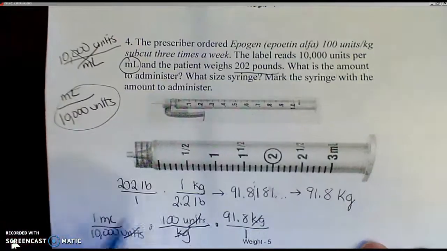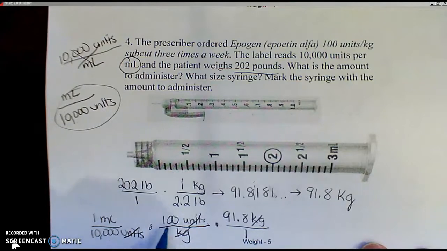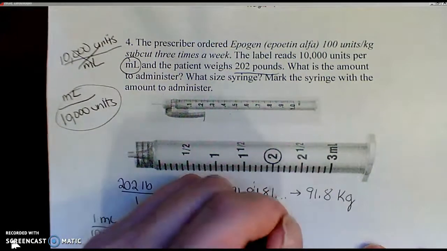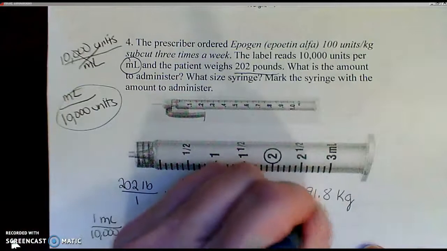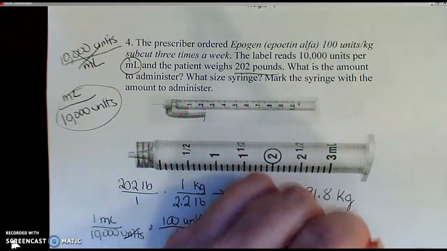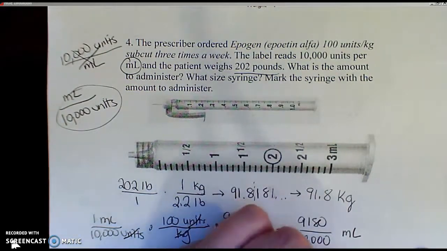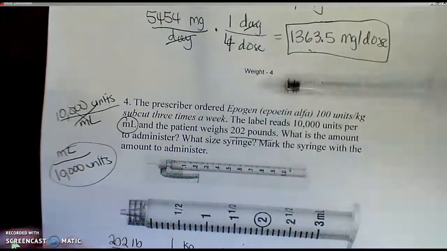And now we see our math that we need to do is 91.8 times 100 in the top, and then divide by 10,000. So that's going to be 9180 divided by 10,000. And that's going to be in milliliters. So that's going to be 0.918 milliliters.